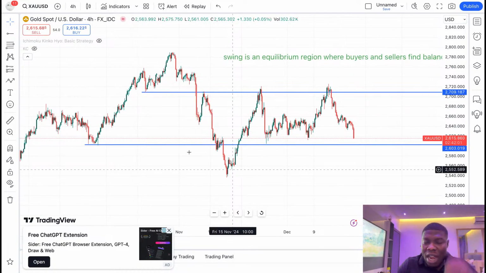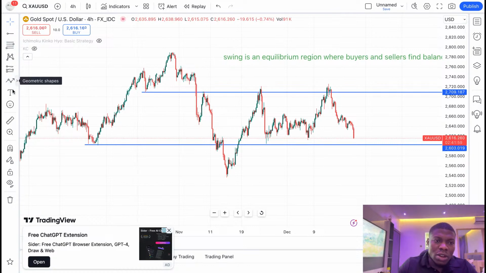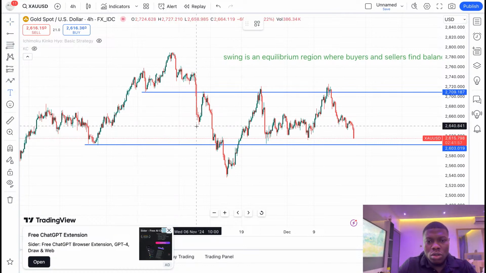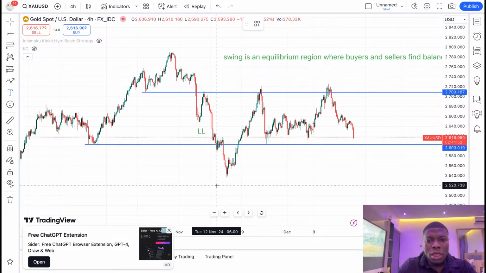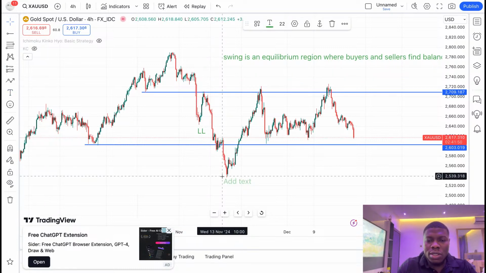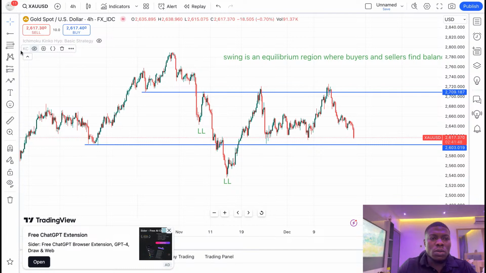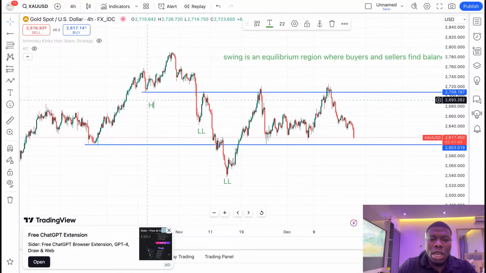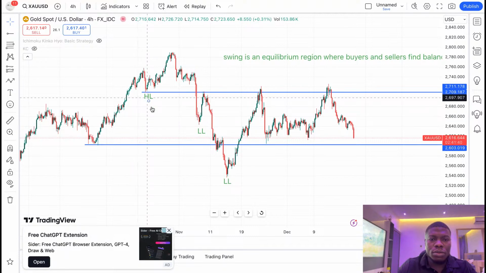Now, at this region, this is our first lower low. This is our second lower low. Now, this is our higher low. Okay.